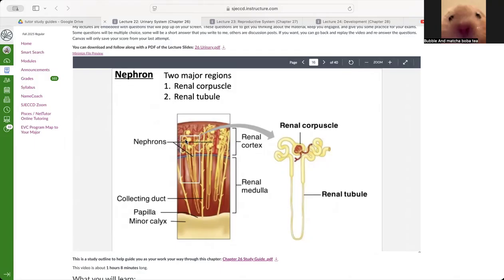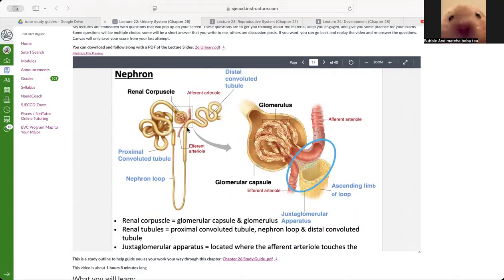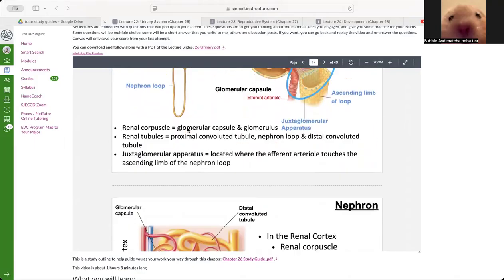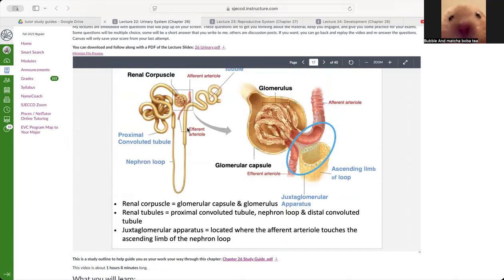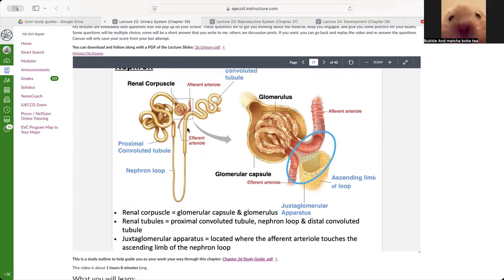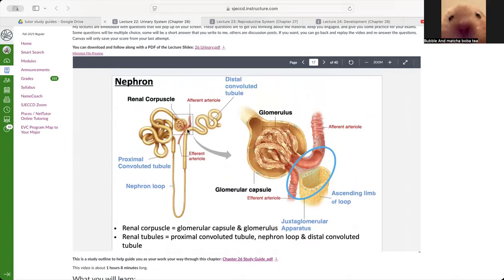So talking about tubules, we have the proximal convoluted tubule, which twists and turns, and the nephron loop, which is kind of like a hair loop, and a distal convoluted tubule.